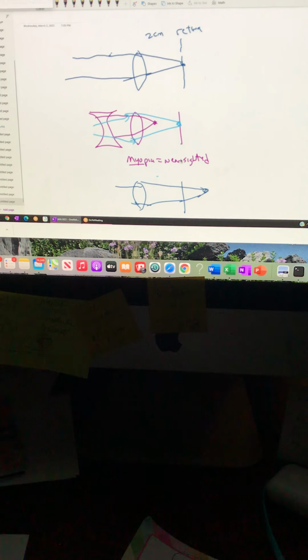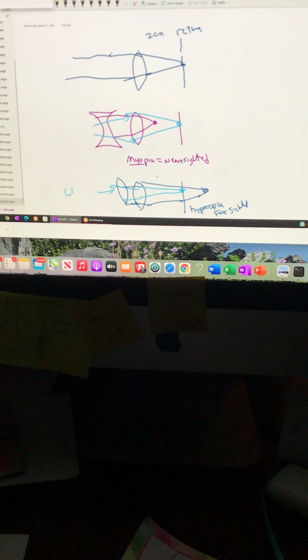Hyper means far, so you are far-sighted. So how do we fix hyperopia? Well, your lens will be a converger. We're going to converge the light a little bit, and when we converge the light, we fix you. This is a classic question, guys.